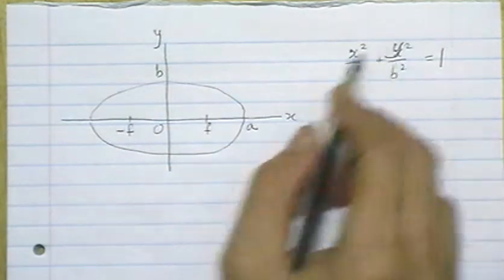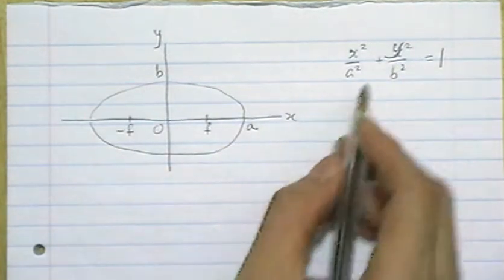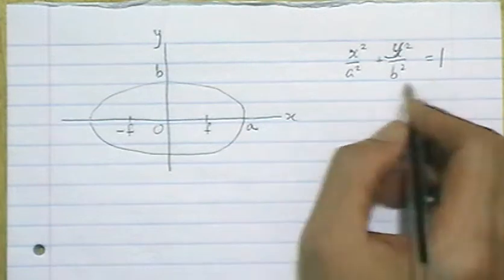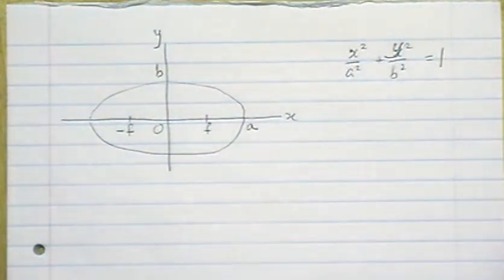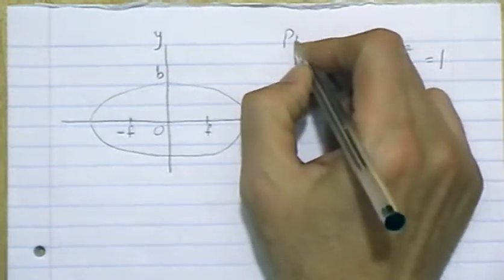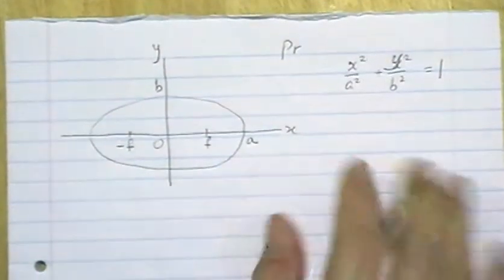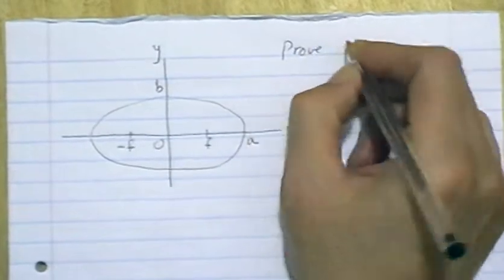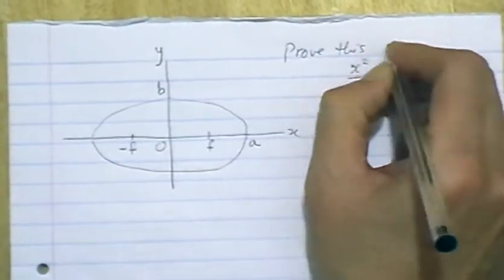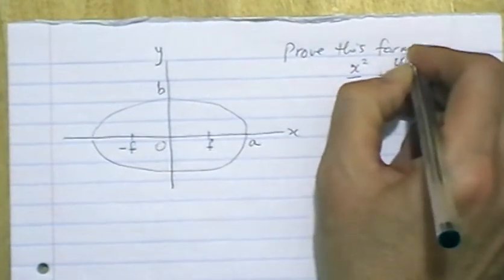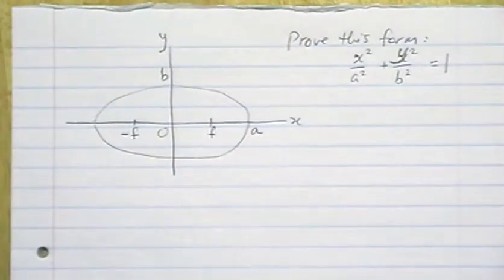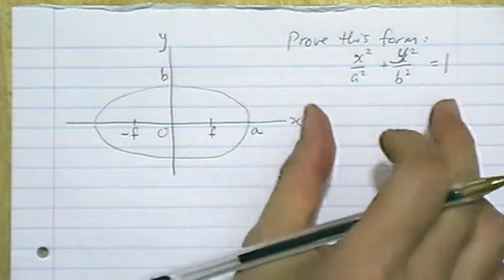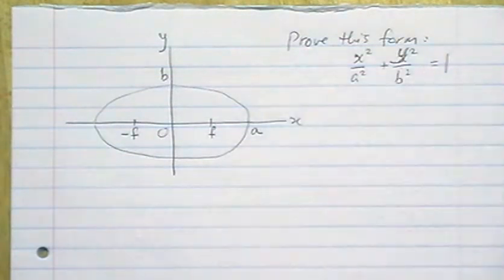Now this is what we want to show. I want to prove that an ellipse has an equation of this form.